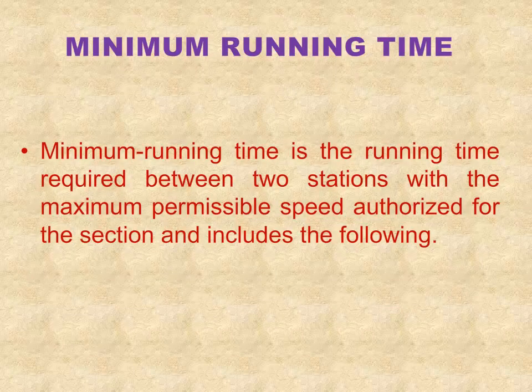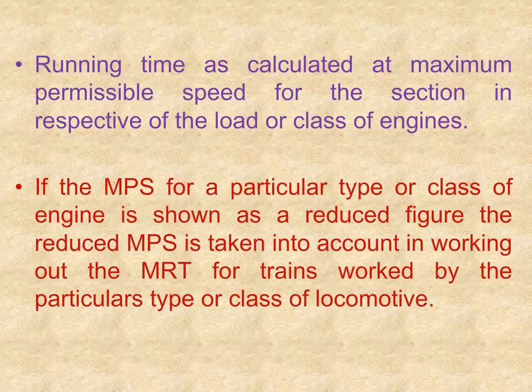Minimum running time. Minimum running time is the running time required between two stations with the maximum permissible speed authorized for the section and includes the following: running time as calculated at MPS for the section in respect of the load or class of engines.